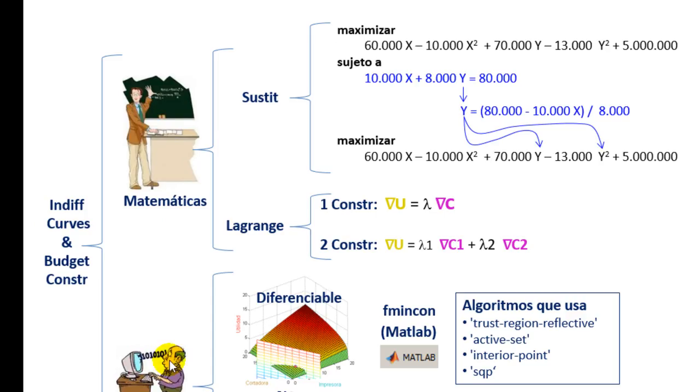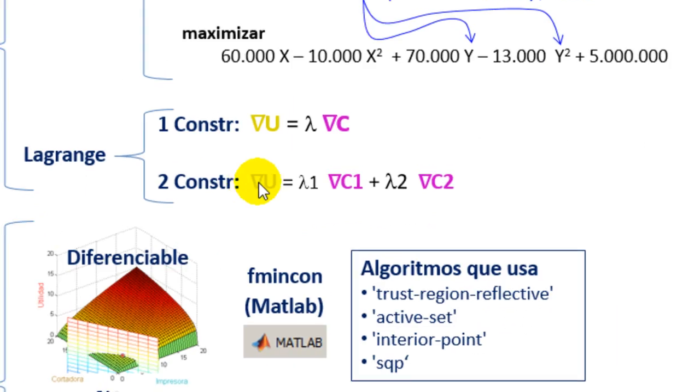And we are going to see that if you have two constraints instead of one, then what you have to do is to put the gradient of the objective function as a linear combination of the gradient of the first constraint and the gradient of the second constraint. I have already recorded many videos of this case with more than two constraints for the case of linear functions, what is called linear programming. I will try to make these videos in English, but I will leave here the link just in case you want to have a look at it.